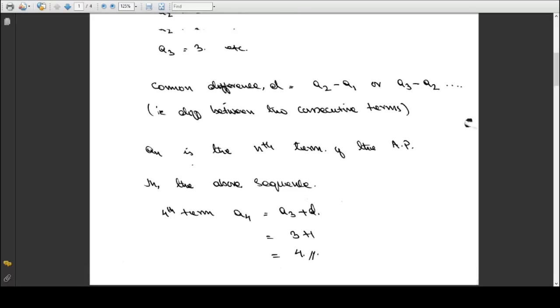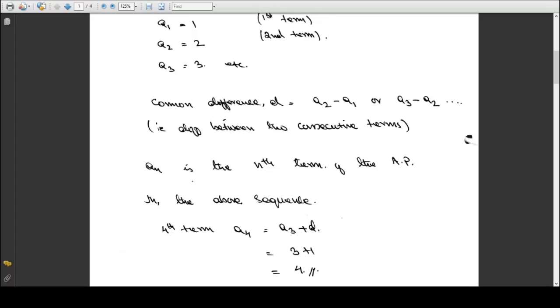Please remember that the terms of a progression are always denoted by a1, a2, a3. a1 is the first term, a2 is the second term, a3 is the third term, and so on.